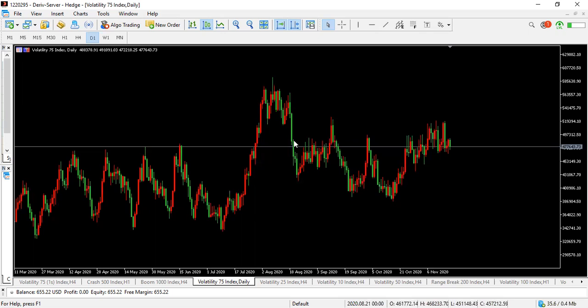So this is the example, guys. This is the impulse. You can see there were big momentum candles, like 1, 2, 3, 4, big candles compared to this one, which was a correction. So we know this is the impulsive and this is the correction phase.